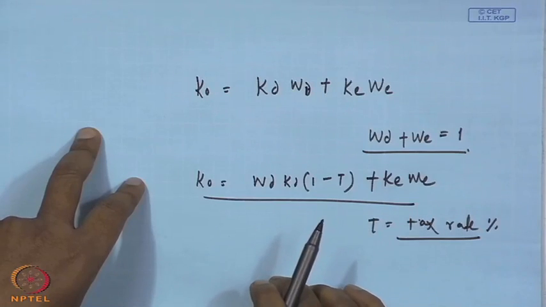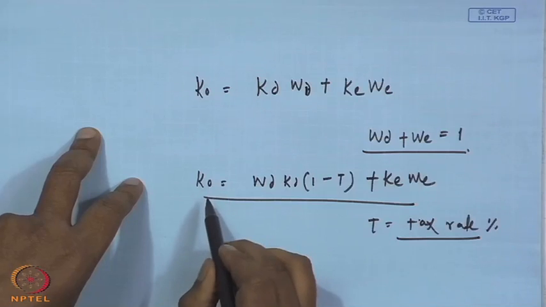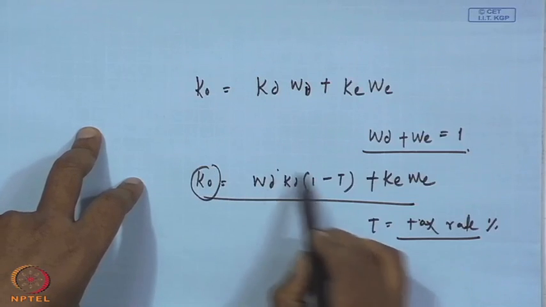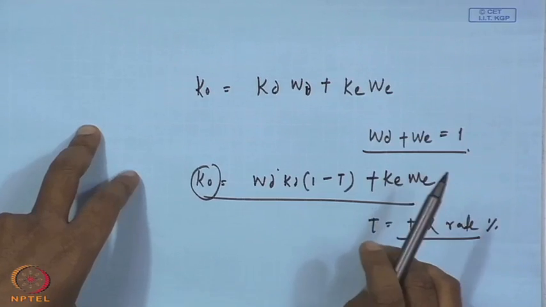So, this is linked to reducing the overall cost of capital of a company. This in corporate finance we call WACC or weighted average cost of capital. So, here KO is the weighted average cost of capital where debt and equity are part of the capital structure.